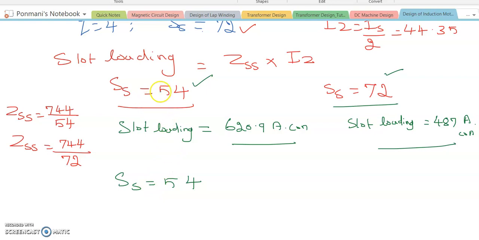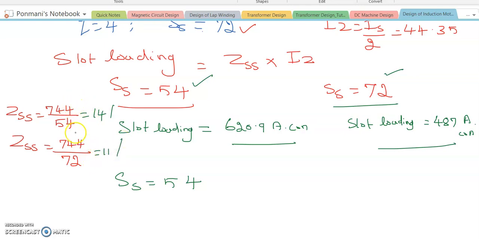So now this is going to be the total number of conductors. Total number of conductors can be calculated from the total number of slots and conductors per slot. Okay, so conductors per slot we can choose as 14 here, and here the conductors per slot we will be getting 11.